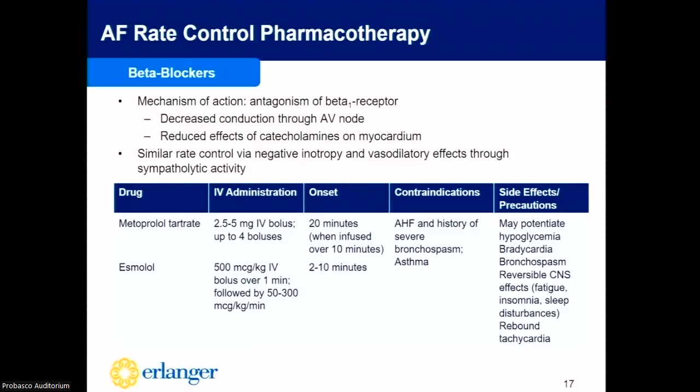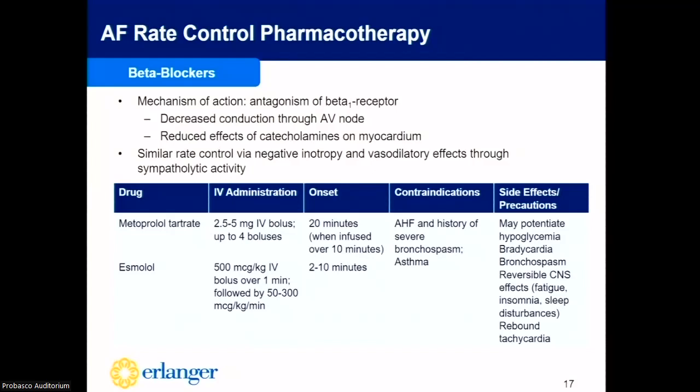So metoprolol tartrate is going to be our main agent that we're going to use from this class, although there are potential indications for esmolol. For metoprolol tartrate, we're doing IV dosing in the acute management of heart rate. So looking at 2.5 to 5 milligram IV boluses up to 5. Pretty rapid onset as far as these agents go.